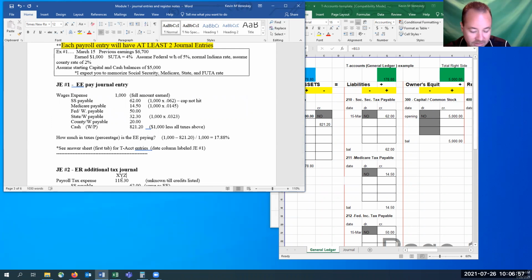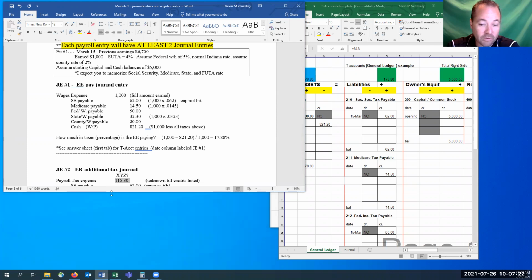We don't know what it is, because the payroll tax expense is basically going to be whatever your 4 taxes add up to be, that we will fill in last. So the first thing, we don't know what this is. I've already done it, so I know that it's 118.30, but just starting out, I wouldn't have known that.